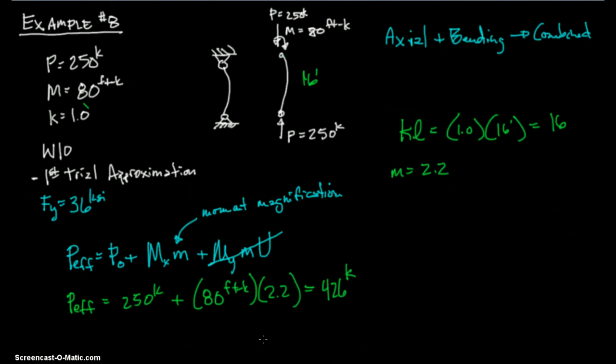Since we know our W10 but don't know what weight we want, we go over from 16 until we find something that is greater than 426. We don't want anything less than that. Remember Fy is 36. If we go too far, to 88 pounds per foot, W10 by 88, that would be 417, which is less than 426. So we want to go back over to W10 by 100.